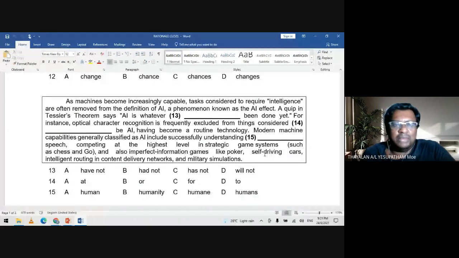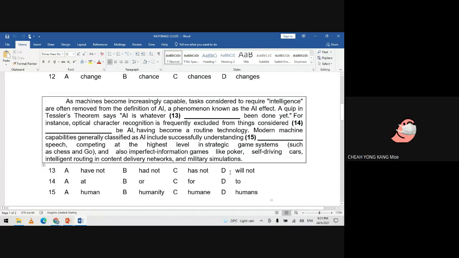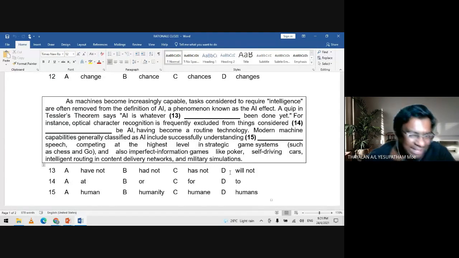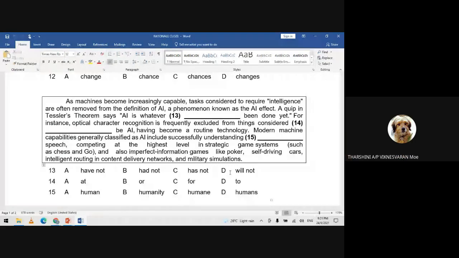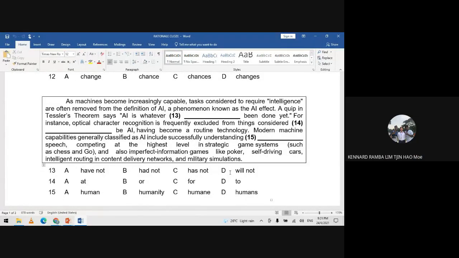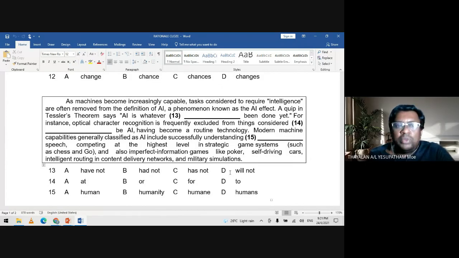Modern machine capabilities generally classified as AI include successfully understanding human, is it humane or humans? D, sir. The correct answer is A, human speech, singular.